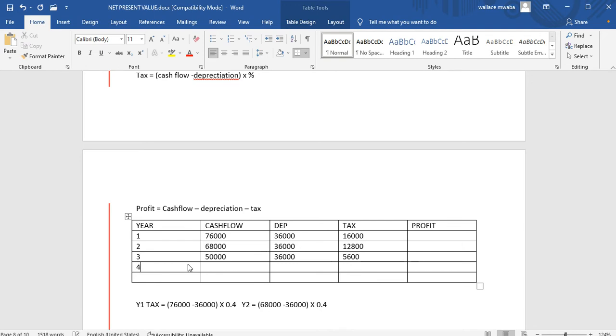Year 4, we expect 84,000, and depreciation 36,000.